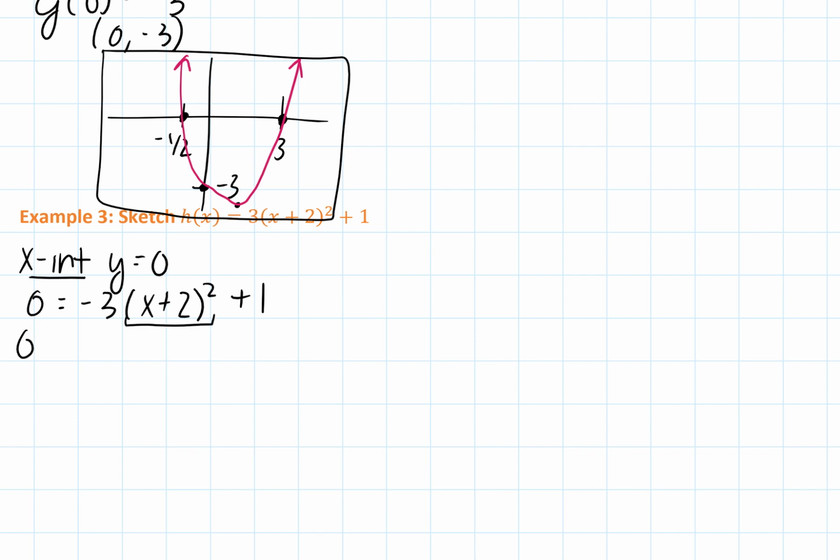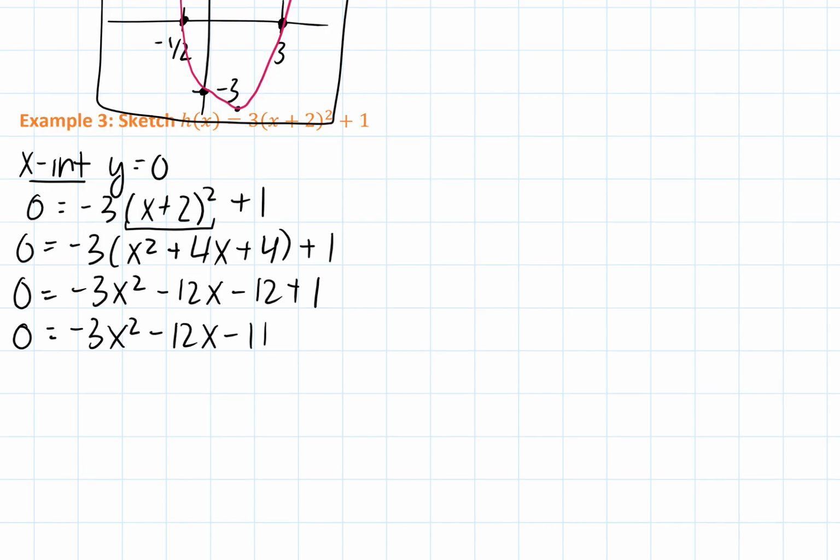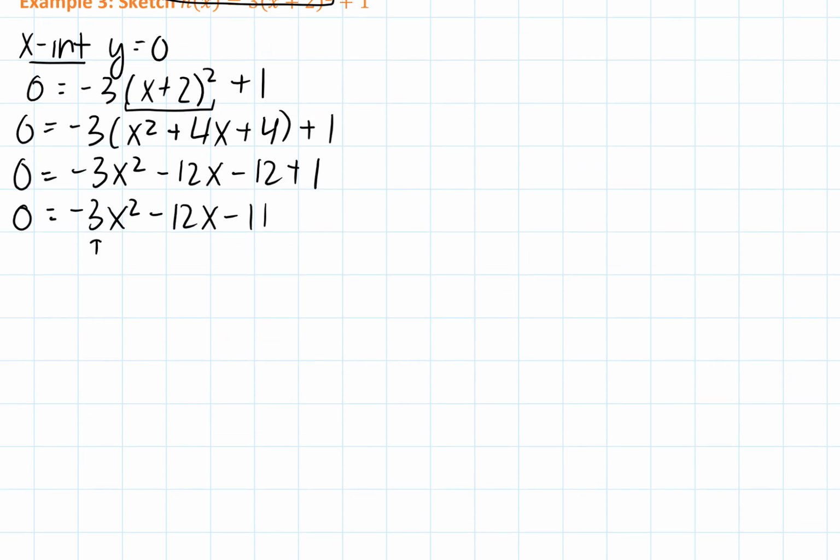If we want to expand, let's follow the order of operations by dealing with the exponent first and then multiplying or distributing that -3. I don't know how to factor when this leading coefficient, the number in front of x squared, isn't 1. So let's use our friend the quadratic formula.